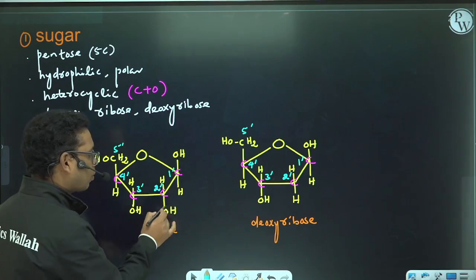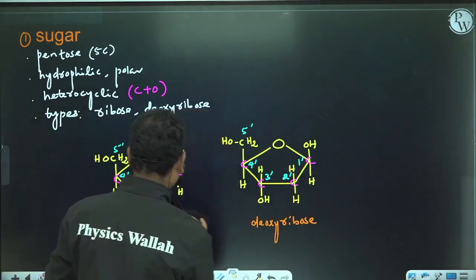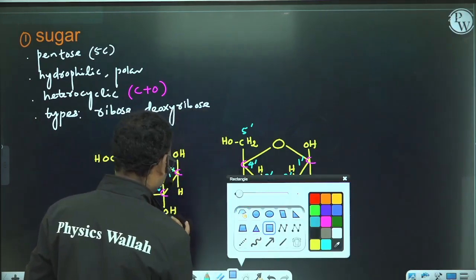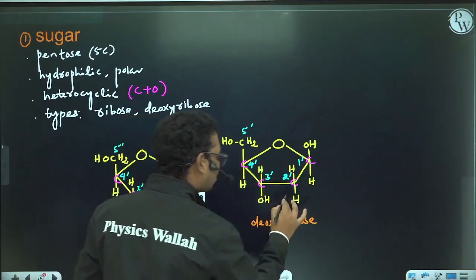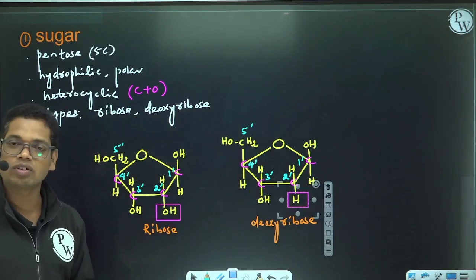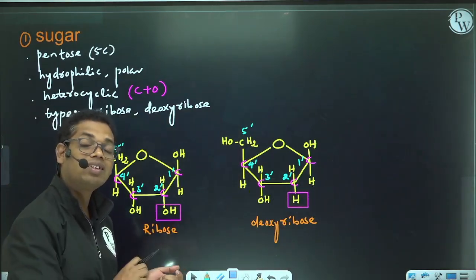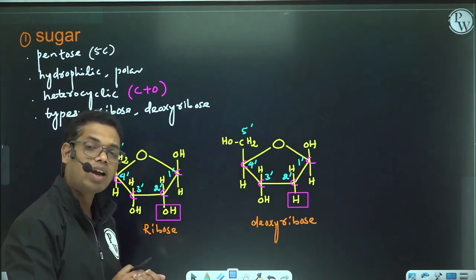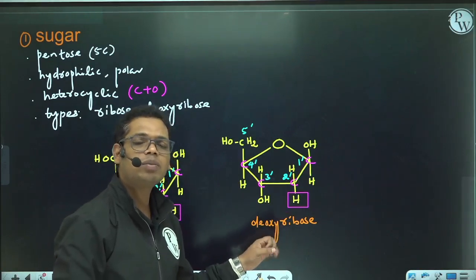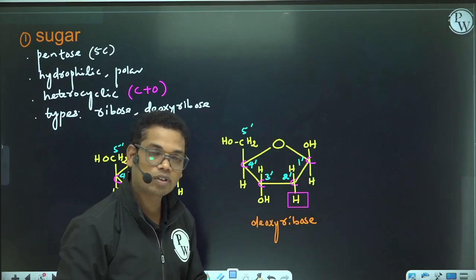In this case, the 2 prime carbon has an OH group, whereas in this case the 2 prime carbon has hydrogen. This is the difference. This ribose sugar is present in RNA, in the ribonucleotide, whereas this deoxyribose is present in DNA. That means I can say this is present in the deoxyribonucleotide.